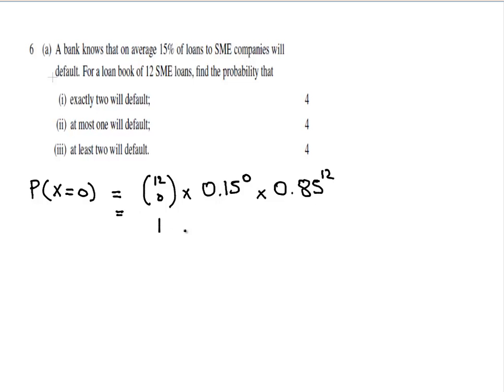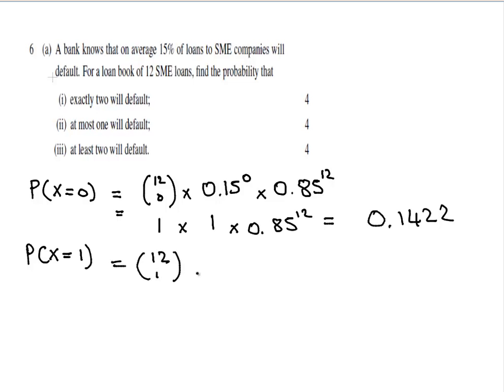Anything to the power of 0 is equal to 1, so 0.15 to the power of 0 is just 1. So we just have to calculate 0.85 to the power of 12, and that is equal to 0.1422.